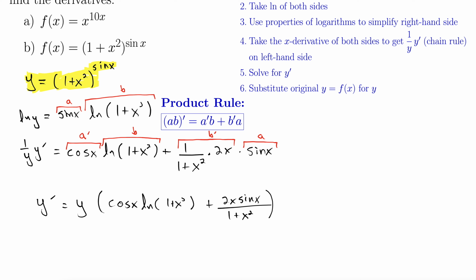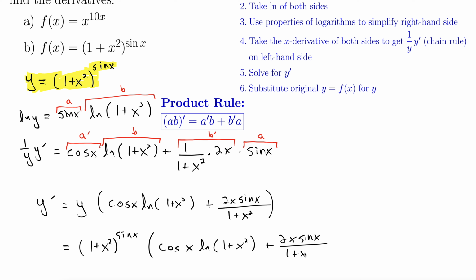Some of these logarithmic differentiation answers get very long. So we have 1 plus x squared to the power of sine x, all times all that stuff we had before: cos x natural log 1 plus x squared plus 2x sine x over 1 plus x squared. Give it a quick looking over to see if we can simplify anything. In this case we can't, so it looks like this is our final answer.